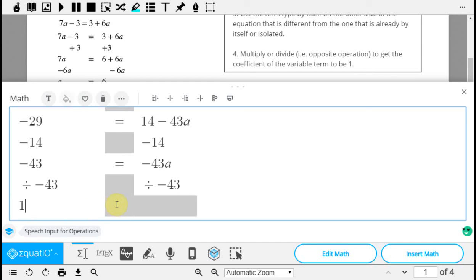Minus 43 divided by minus 43 is 1a, and I don't have to write the 1. So a equals 1.